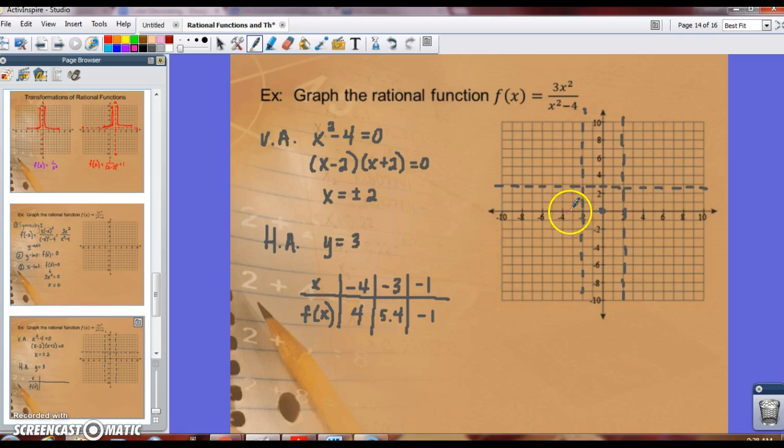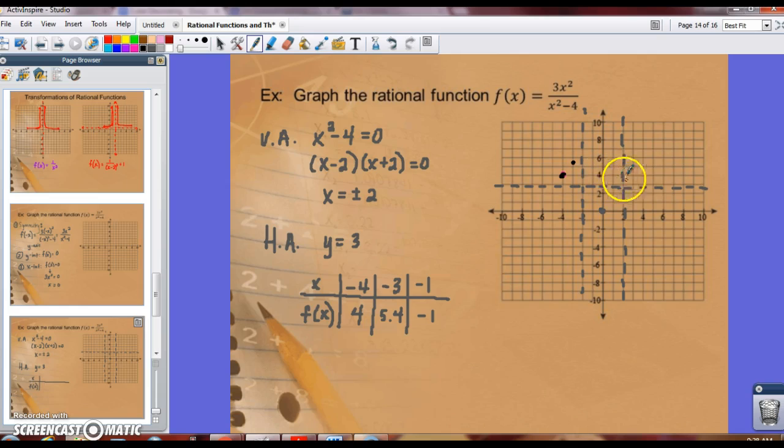So when x is negative 4, I'm up here at 4. Maybe I'll just go with black. That probably is going to be the best one. Okay, there we go. When x is negative 3, I'm up here at 5.4.